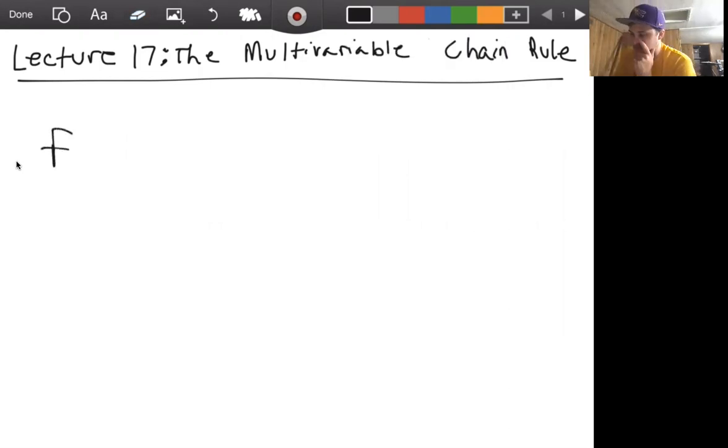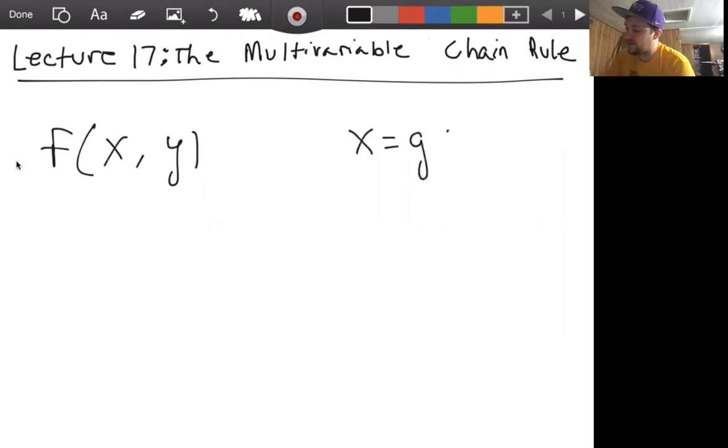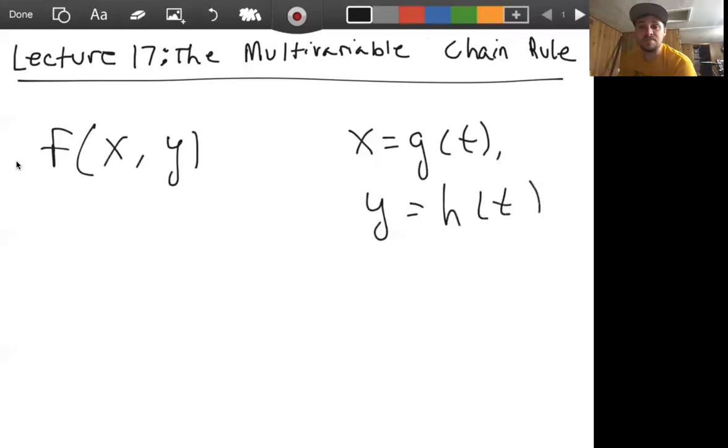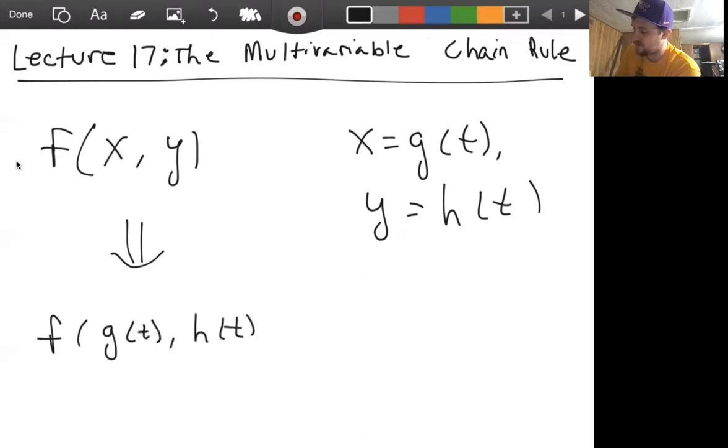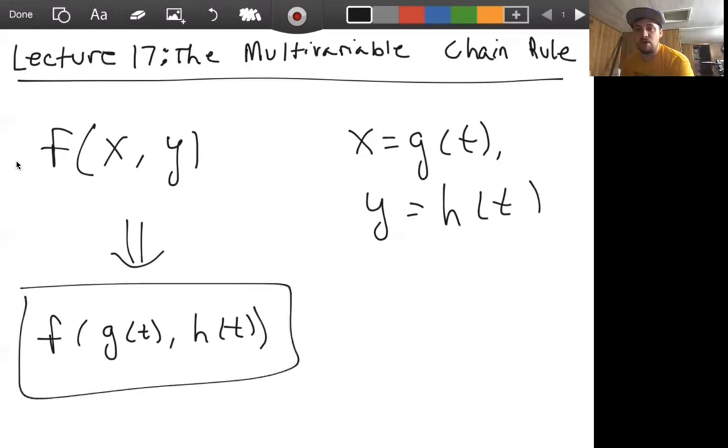Let's say we had some function f of x, y, but maybe x and y are functions of some other variable, t. So f is a function of g, which is a function of t, and of h, which is a function of t. What we want to examine is a chain rule for functions of multiple variables with one independent variable. So let's start there.